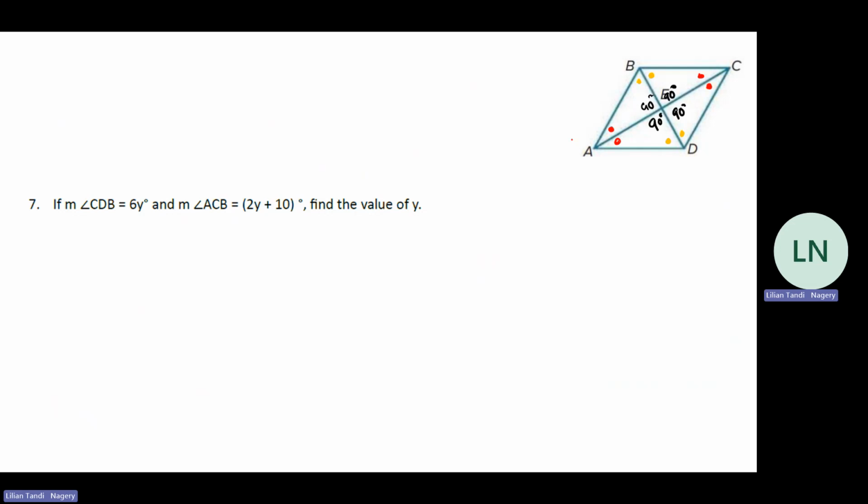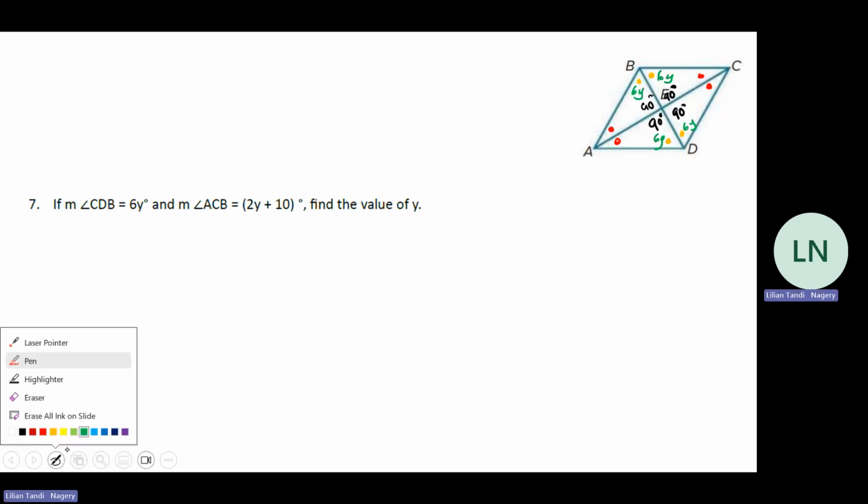Okay? Now, CDB, okay? Let's use a different color. This angle here, CDB, is 6y. So this should be 6y, and this should be 6y, and this should be 6y.